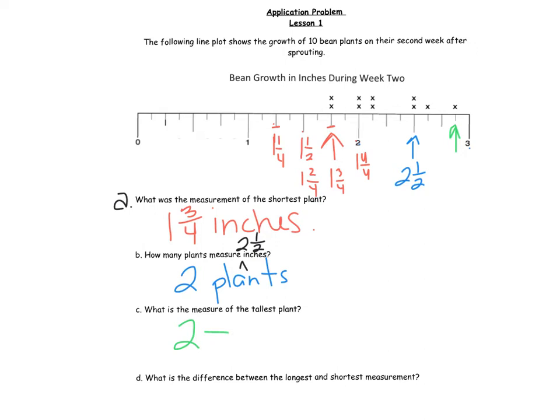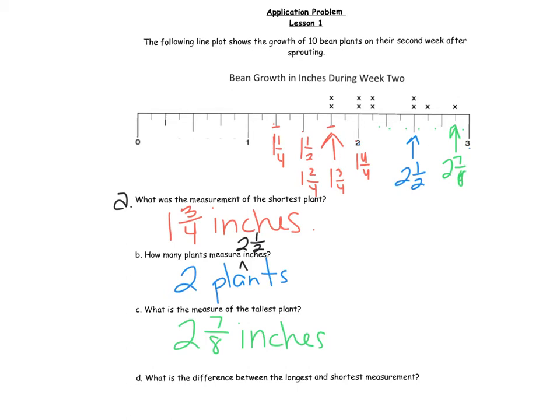So let's count how many of those smaller pieces there are. 1, 2, 3, 4, 5, 6, 7, 8. So it's 1 away. So it must be 2 7/8 inches. That's an 8. It doesn't look like it, but it does. And yes, you must have inches in order to receive credit because that's our unit.